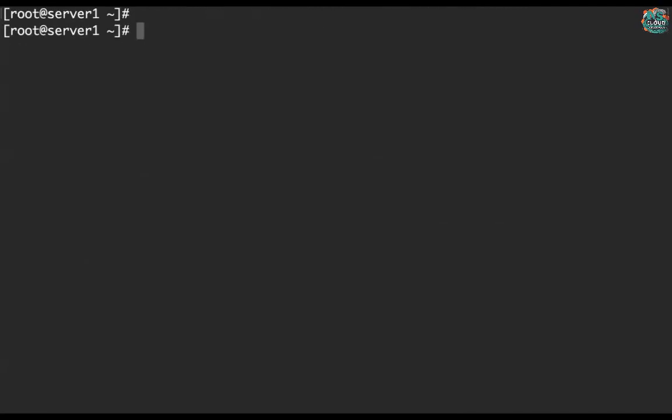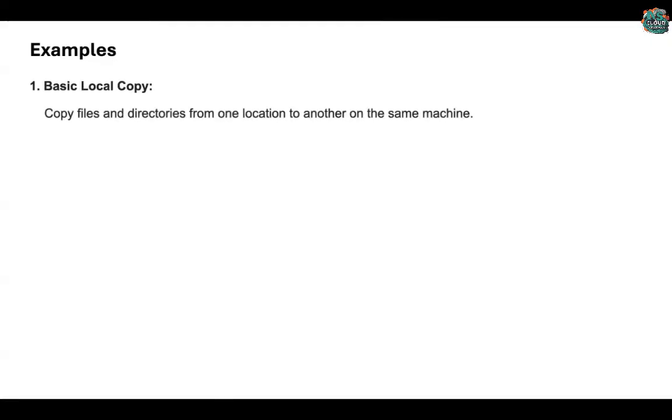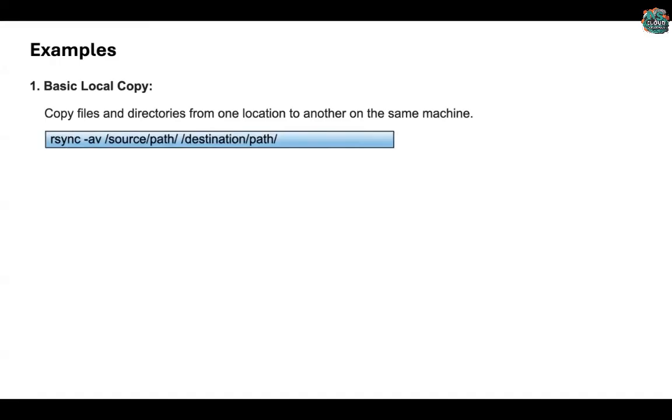So let's go and do some examples. First, a basic local copy: copy a file and directory from one location to another on the same machine. I told you, you can use this for copying also.